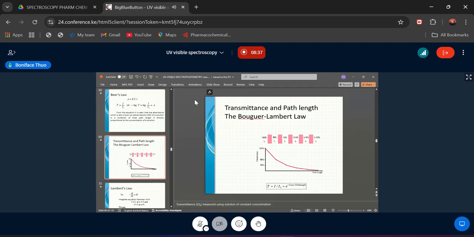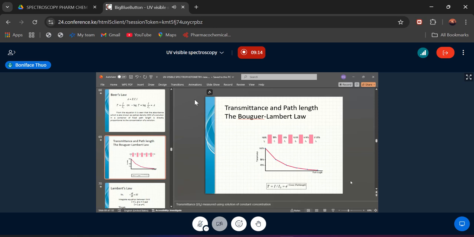Similarly, transmittance also decreases exponentially as the cell length or the path length increases. So if we were to use the same concentration of the sample, but vary the width of the cell, immediately we double the path length, or we double the size of the cell, transmittance also decreases by half.